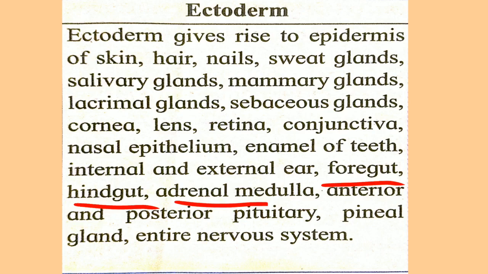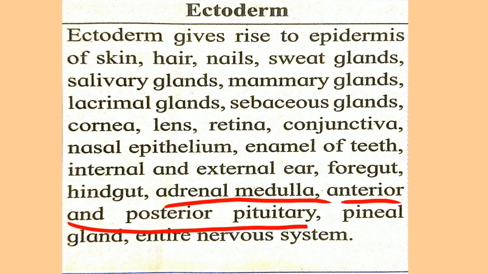Then see here again, the adrenal gland shows presence of two parts, adrenal cortex and adrenal medulla. Here adrenal medulla is formed from ectoderm. Then anterior and posterior pituitary gland, that is the entire pituitary gland, is originated from ectoderm. Pineal gland, which is sensitive to or reads the temperature of the body, is originated from ectoderm.